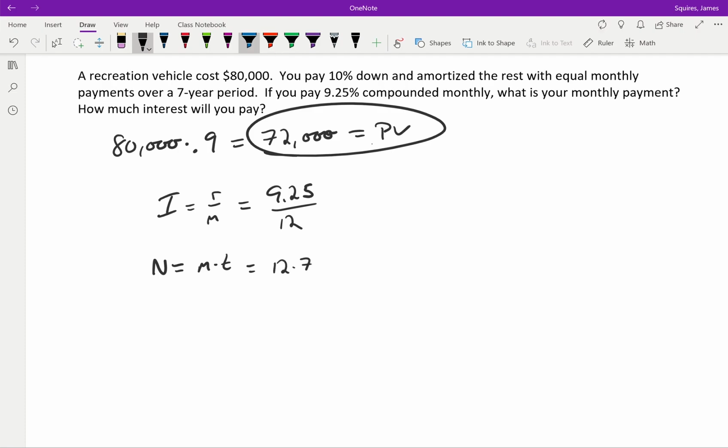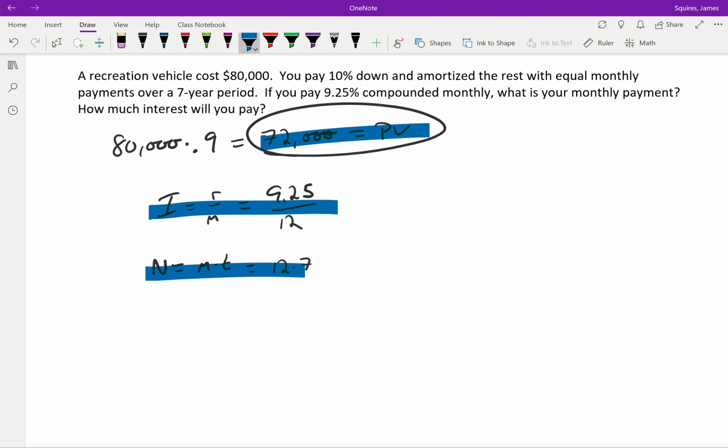So now we know 3 bits of information. We know the size of the loan, we know our per period compounding interest rate, and we know the number of compounding periods we have. So we can calculate what our monthly payment will be.